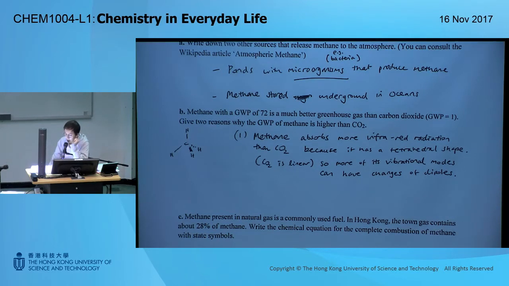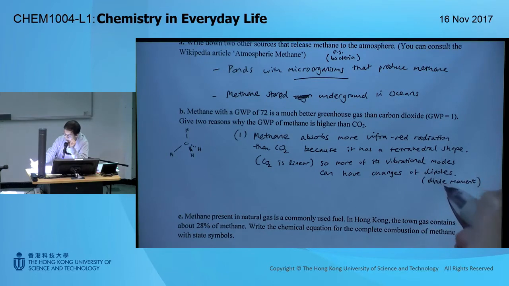Remember, to absorb IR, you need to have a change of dipole moments or change of dipoles. The proper term is dipole moment, which calculates the bond length as well as the charge distribution. But because I didn't define this term, I'm reluctant to use it. But I used it in the notes, so I put it here.